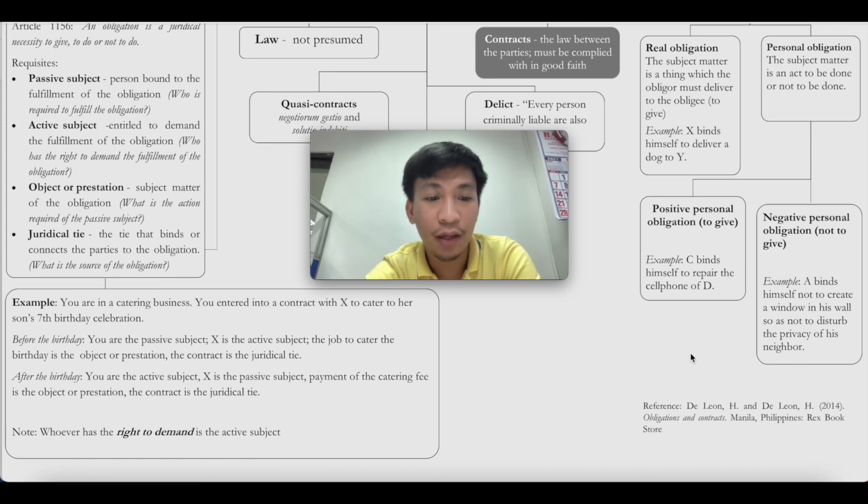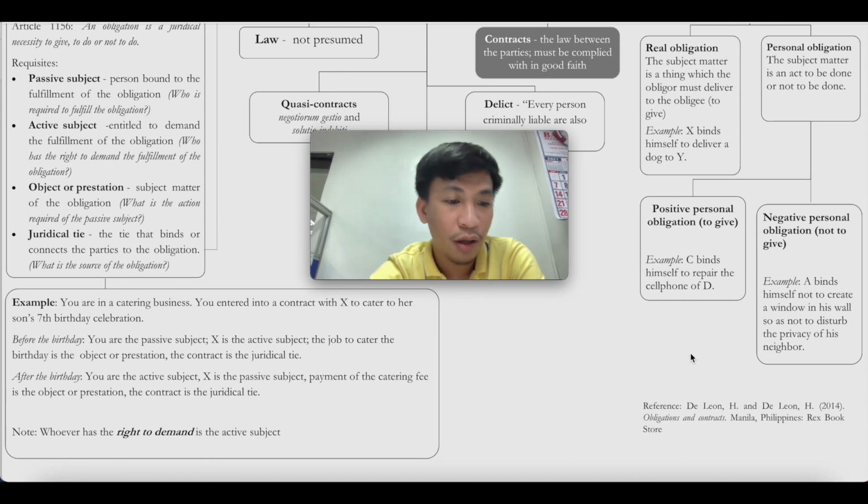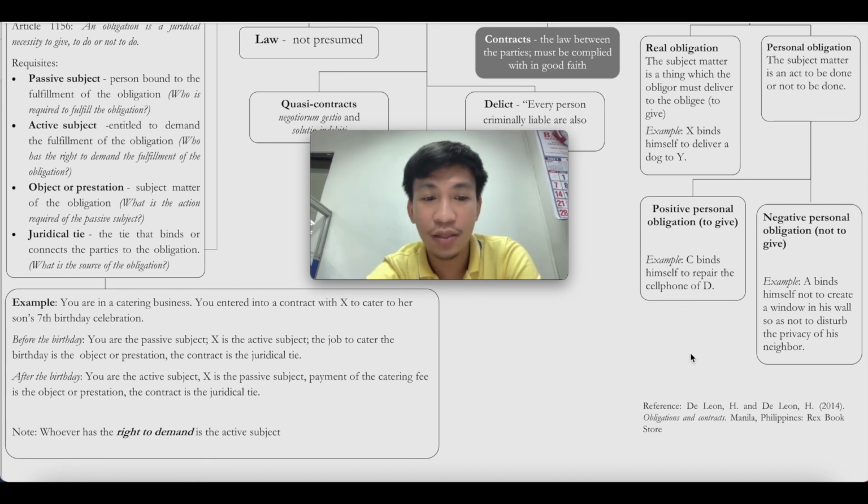And again, the juridical tie is the contract between you and X. So take note, whoever has the right to demand is the active subject. Whoever can demand fulfillment of the obligation is the active subject in that case. So what source of obligation is this? Obviously, this is a contract.